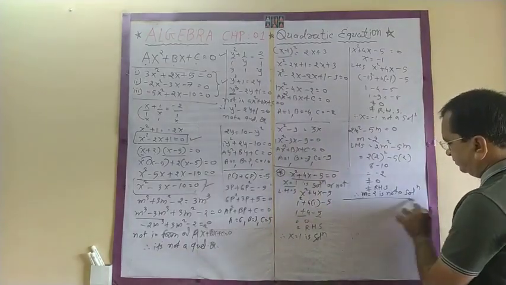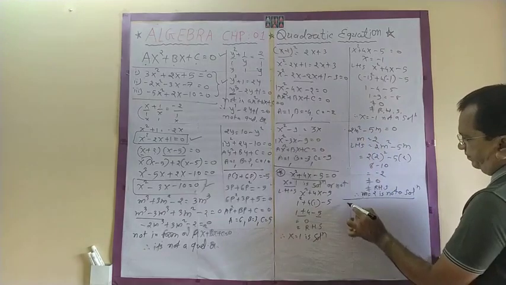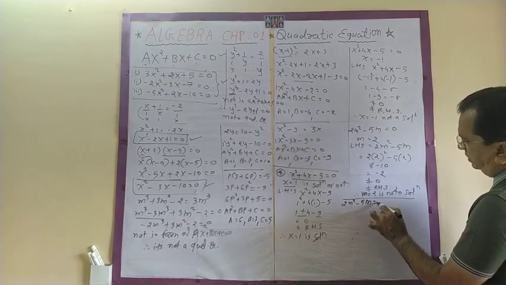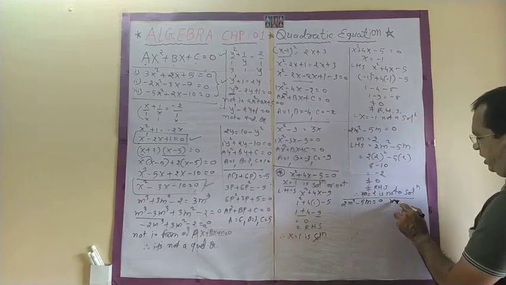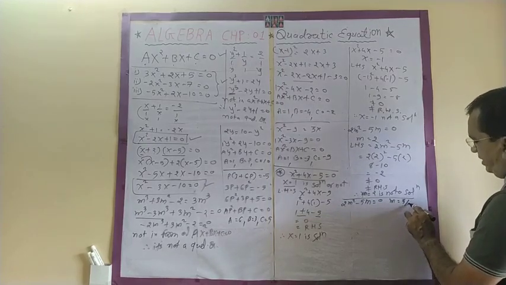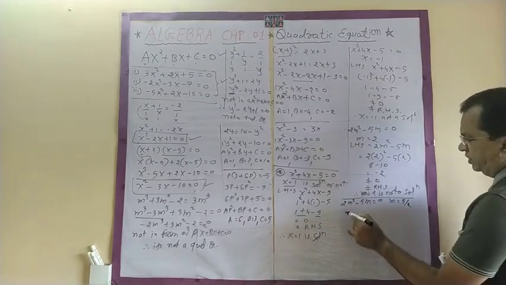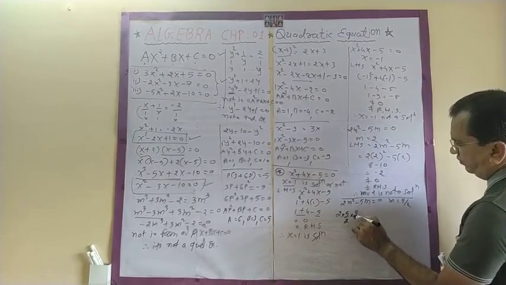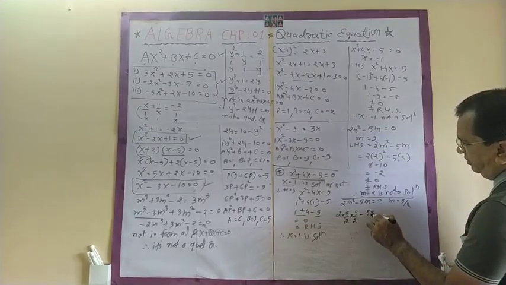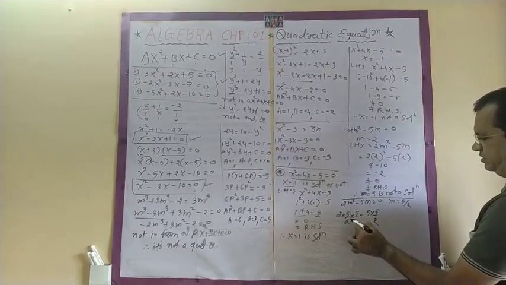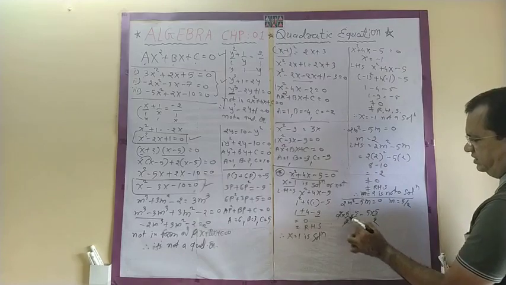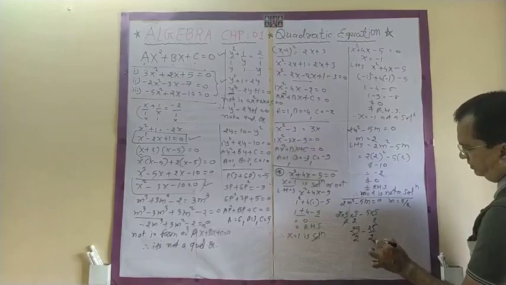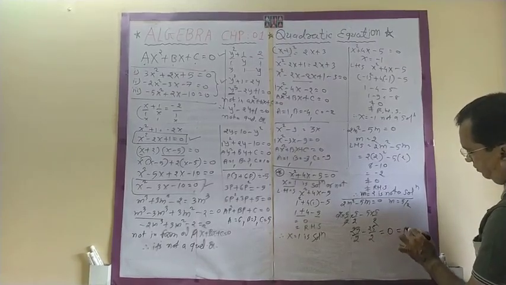Correct. One more of the same, 2m square minus 5m is equal to 0. Substitute now m is equal to 5 by 2. 2 into 5 by 2 into 5 by 2 minus 5 into 5 by 2. This will cancel, so 25 by 2 minus 25 by 2 is equal to 0, which is equal to the right hand side.